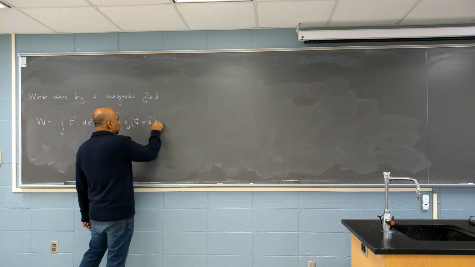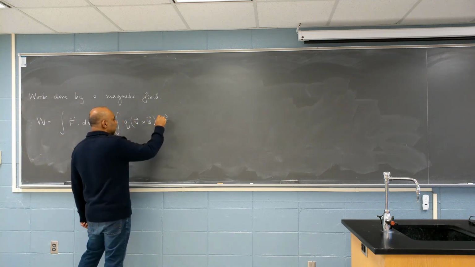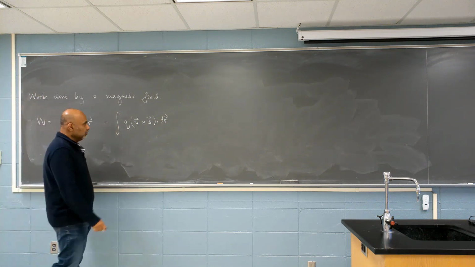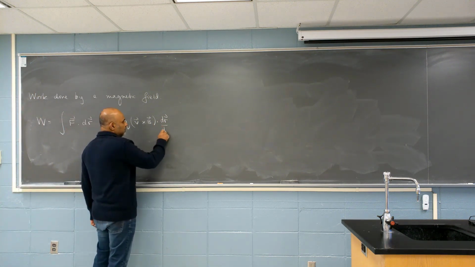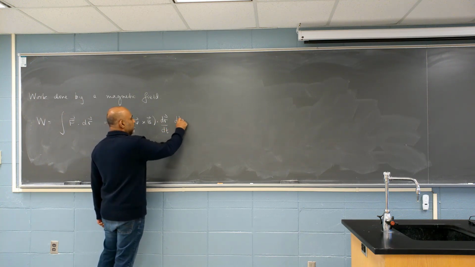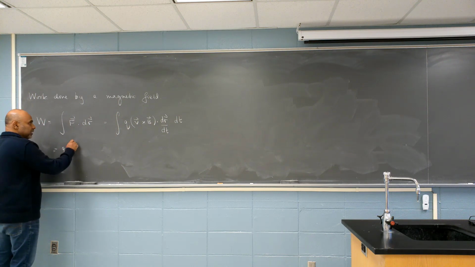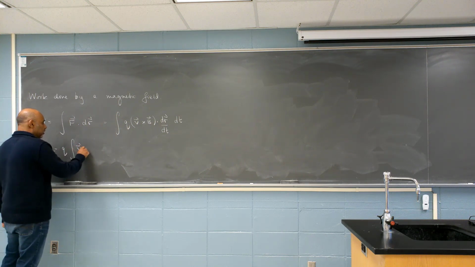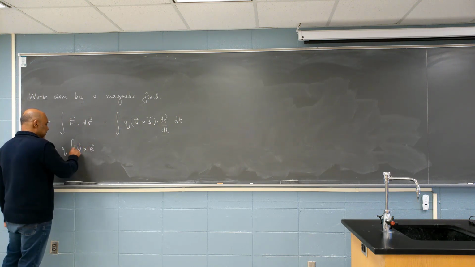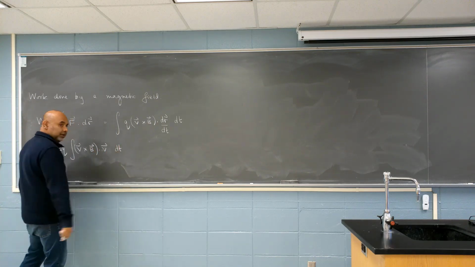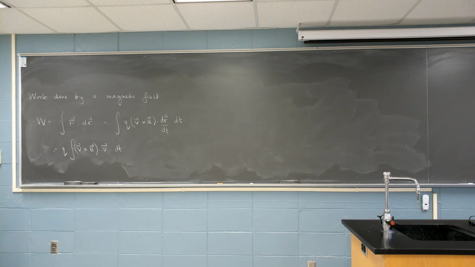Dot dr. Let me do a little calculus change of variable. I can do it as dr/dt. I can put the q outside. V cross B dot V dt. What do you notice?